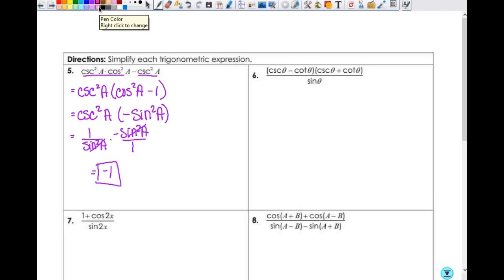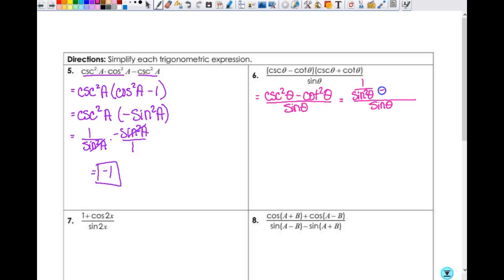All right, so looking at number 6. In the numerator, I have a difference of squares. That's pretty easy to put together there. So cosecant squared theta minus cotangent squared theta all over sine theta. So I'm going to combine those two things in the numerator. So first I need to make them into the quotients and reciprocals. So this is all over sine theta. So cosecant squared is going to be 1 over sine squared theta minus, and then cotangent is cosine squared theta over sine squared theta.